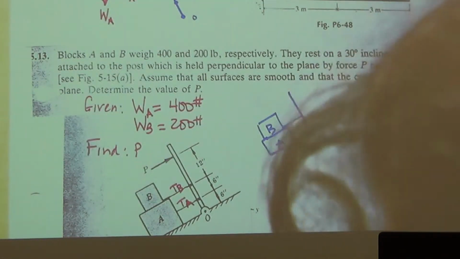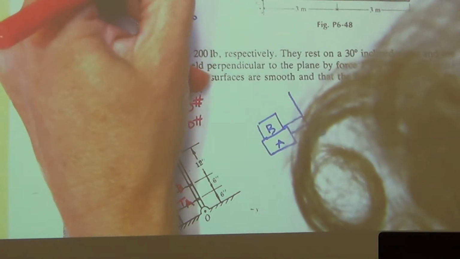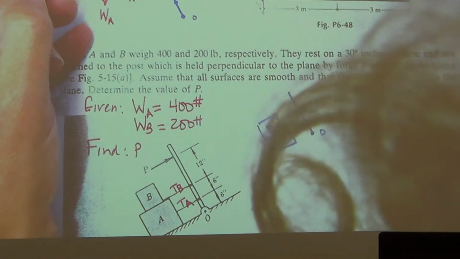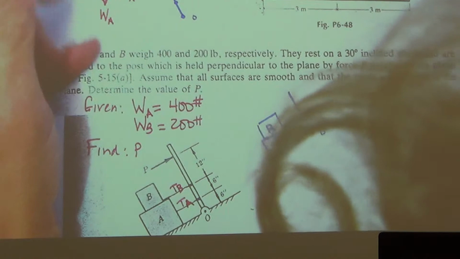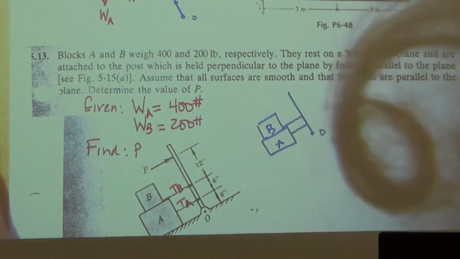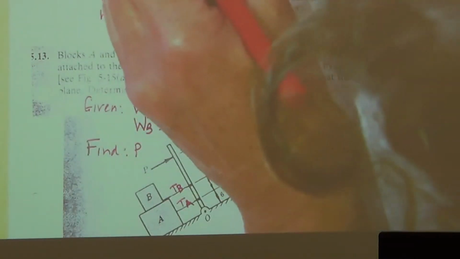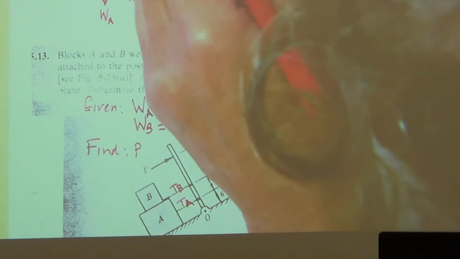Normal on A, normal on B. Well, what happens, because there's a normal between A and B, right? One's going up to B and the other is going down to A. When I put the two blocks together, doesn't it cancel the normals? Yeah. They become internal. TB, TA.